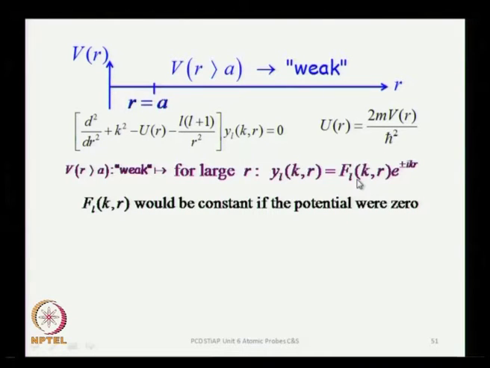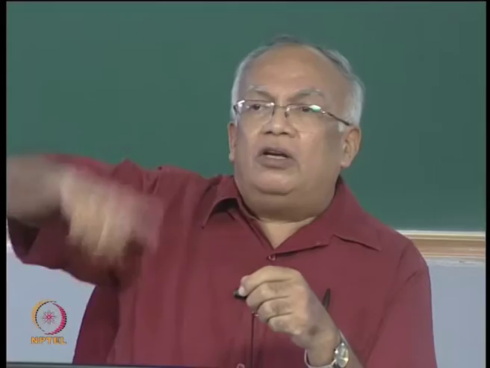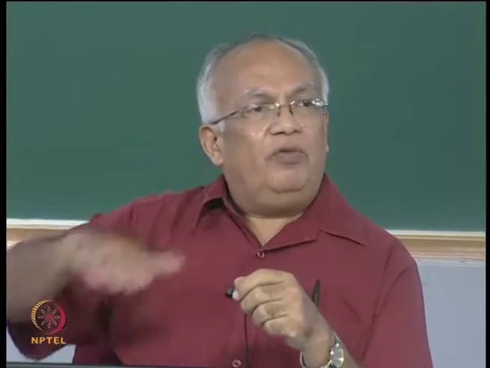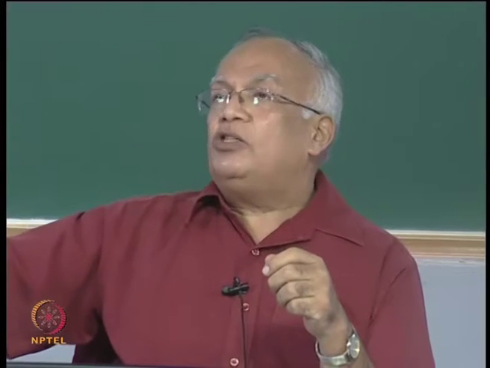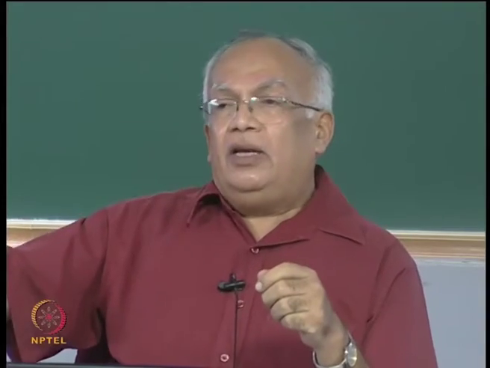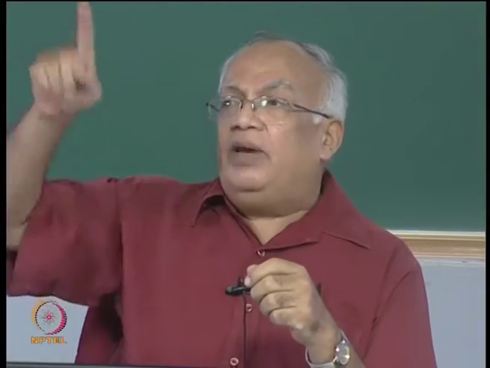Most of the r dependence is extracted in the e to the ikr function, but the residual r dependence is packed in this function F, which is not quite a constant, but it is not very strongly dependent on r, which means that as r changes, the function would change, but not very rapidly, but rather weakly. If it is completely independent of r, it would be flat. If you plot it as a function of r, it would be just a horizontal line, that is a function which does not depend on r. If it depends very strongly on r, it will have very many wiggles, ups and downs.